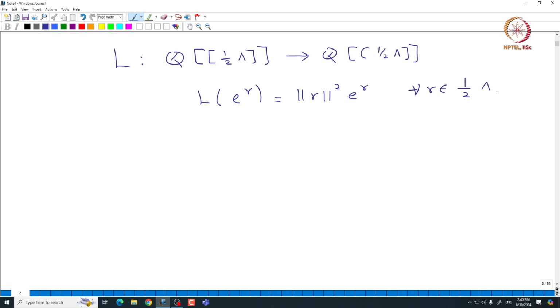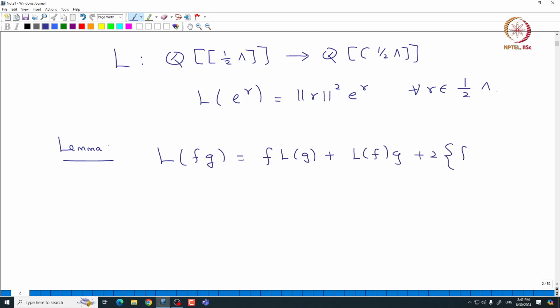With this definition, we have the following lemma, which is very easy to prove, so I will just recall it. L of f g is given by f times L of g plus L of f times g plus twice the bilinear form bracket f g, for all f, g in Q double bracket of lambda.